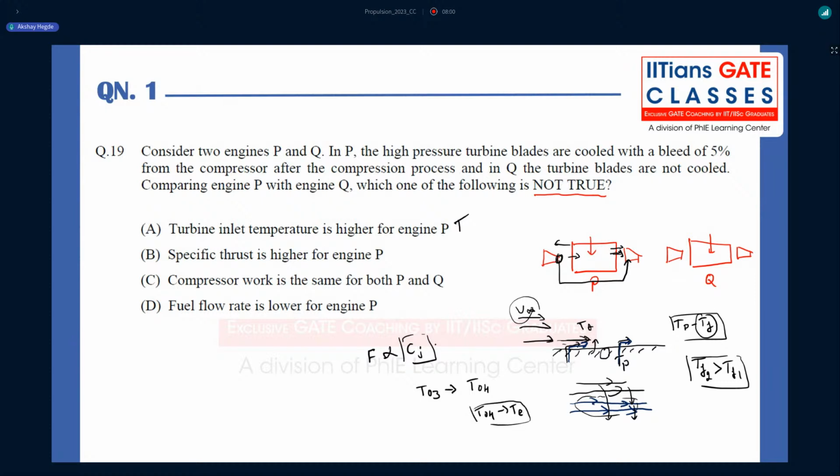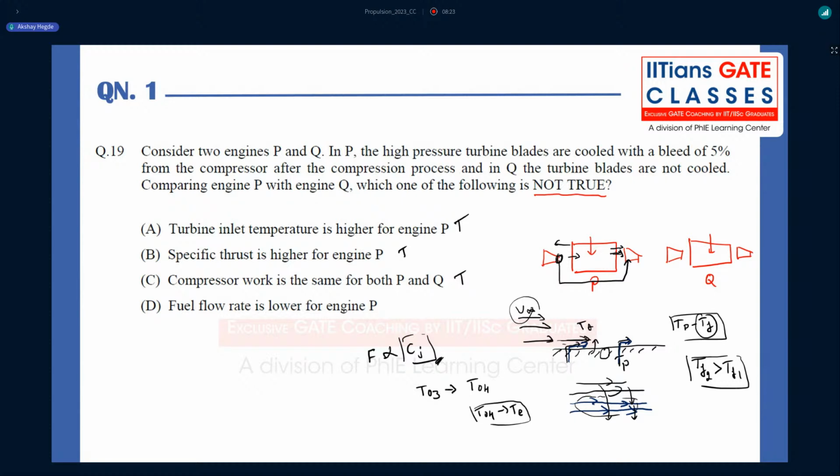So that increases my exit velocity, exhaust velocity, that indeed increases the thrust or the specific thrust. So this is true. Then compressor work is the same for both P and Q. That is an assumption we are going to take because upstream we are not changing anything. So this is also true.